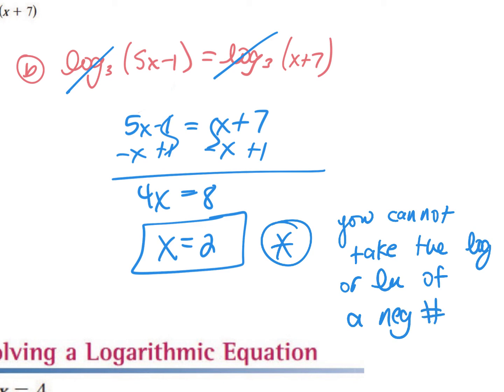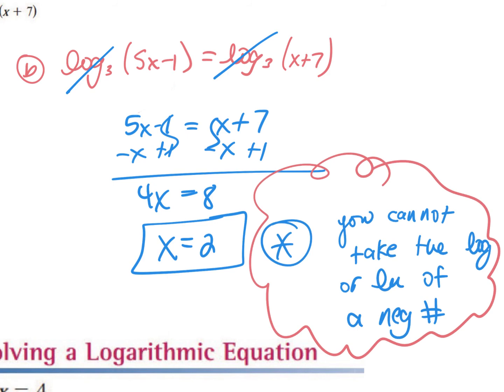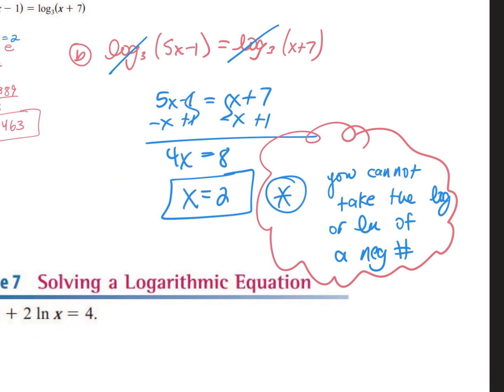In your calculators right now, hit log -2. Not minus 2, hit the little negative button. And what does it tell you? Error. Hit ln -5. Error. You cannot take the log or the natural log of a negative number.